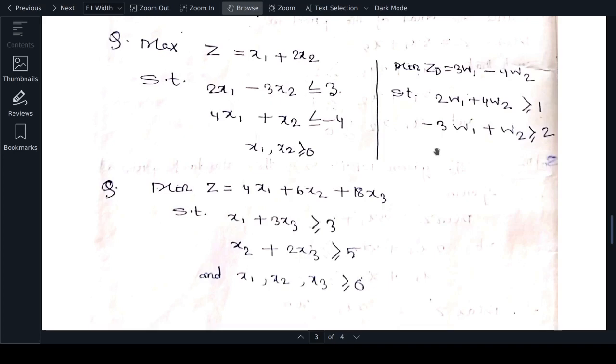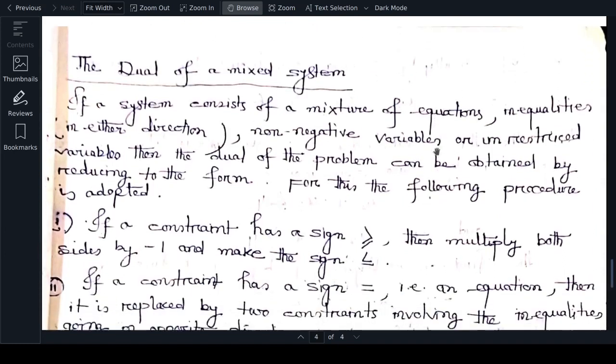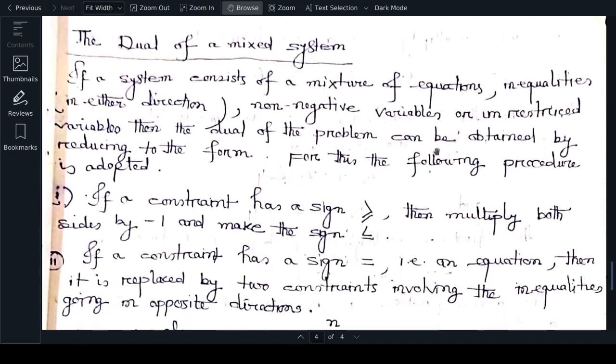Okay, so next one will be the dual of a mixed system. The dual of a mixed system means what? Sometimes in your constraints there is an equal to symbol.